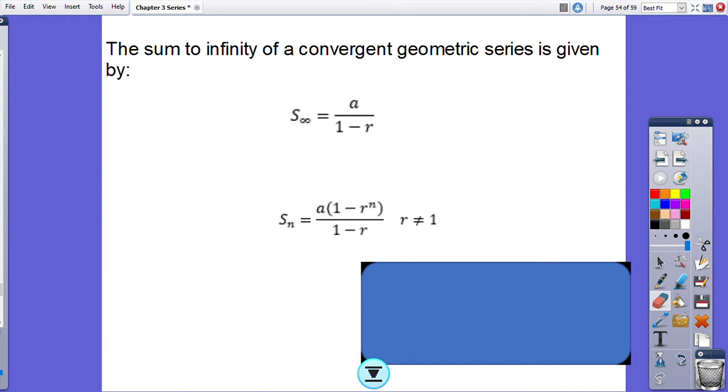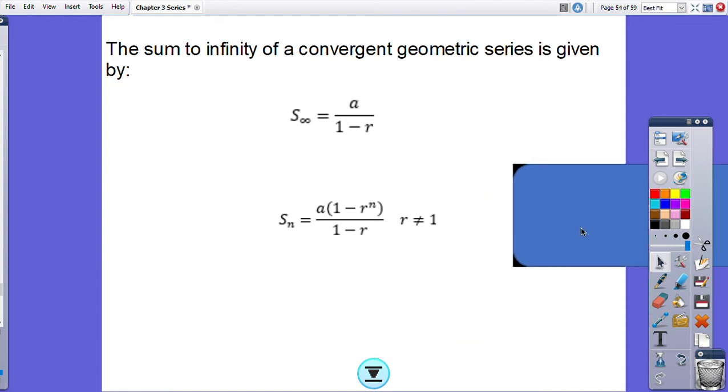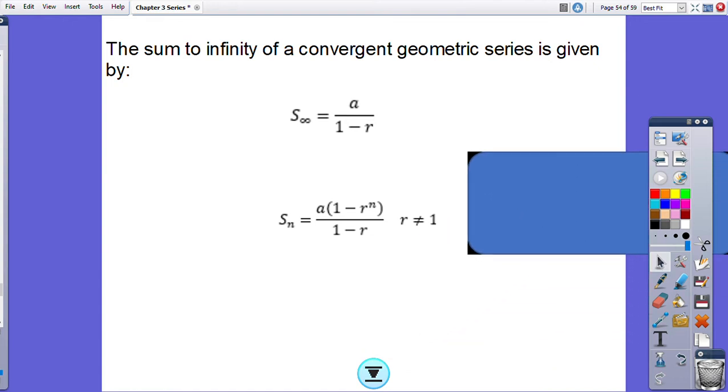We used this sum of the first n terms last lesson, and if you remember, this was a formula that we tended to use when we had a value of r that was less than 1, or between minus 1 and 1. So why is that?